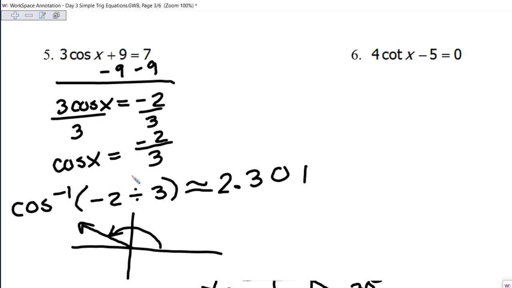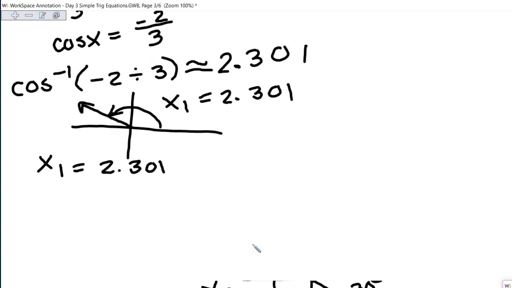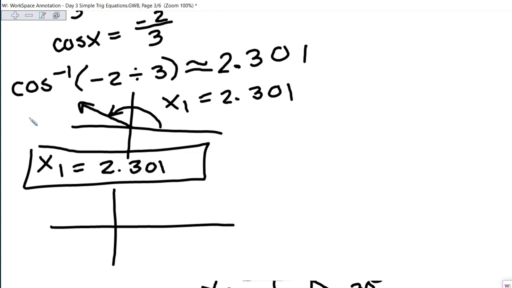So there's x1, 2.301. Now we need to find x2. Let me go ahead and box that in so it's official. Now for x2, it's going to terminate in quadrant 3. So here's x2.